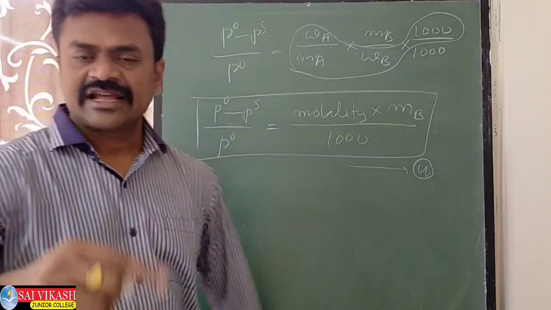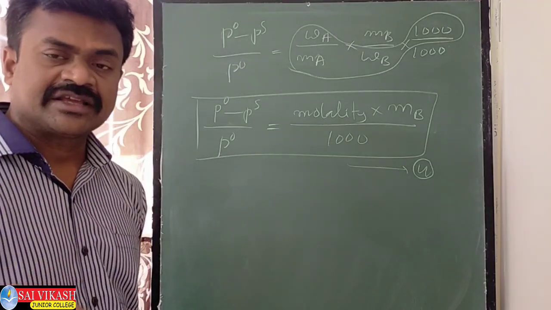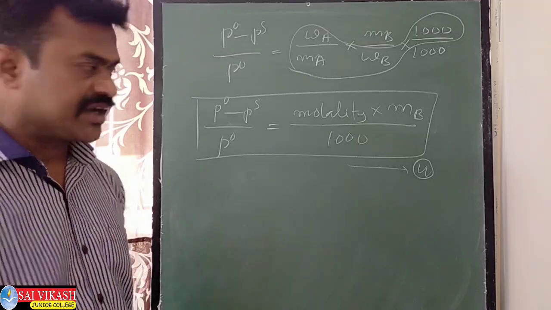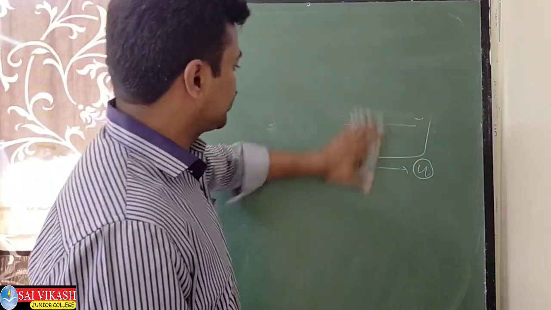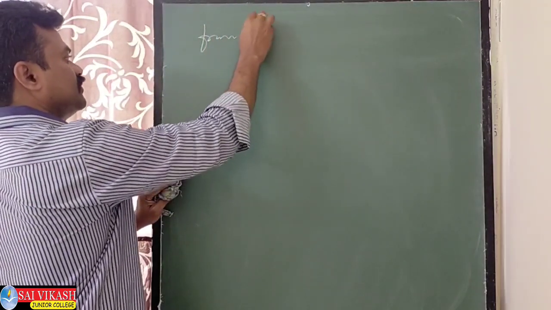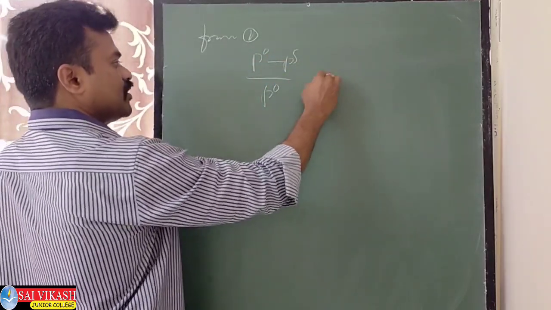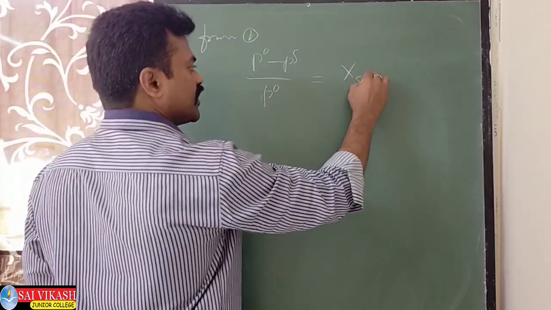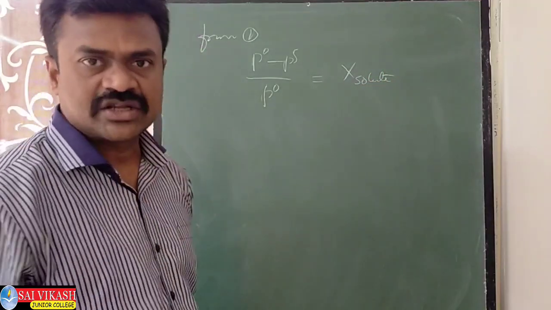After this, I am deriving one more relation. For this I am taking equation number 1 again: (P naught minus Ps) by P naught equal to mole fraction of solute.